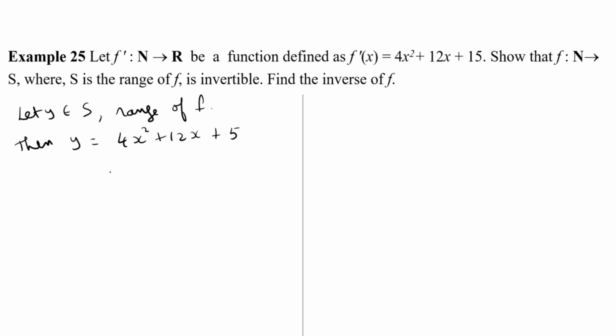Now we have to write x in terms of y, where x belongs to N. So let us complete the square. So this implies y is equal to 4x square plus 12x plus 9 plus 6. So this we can write as 2x plus 3 the whole square plus 6.